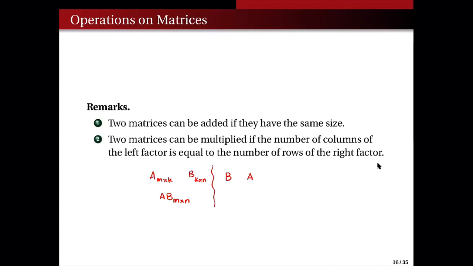BA, but the size of B is K by N and the size of A is M by K. And suppose N is not the same as M. Then this guy here is not defined.